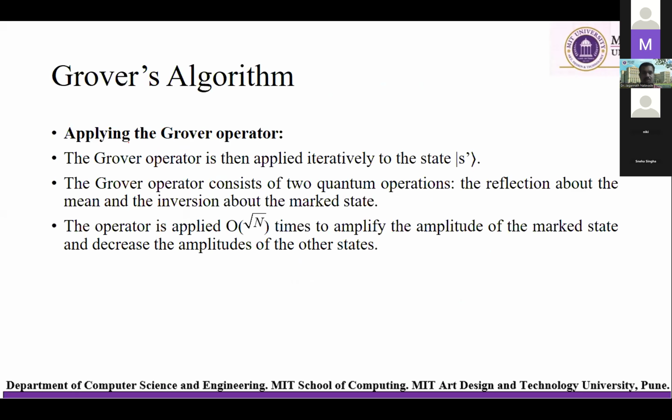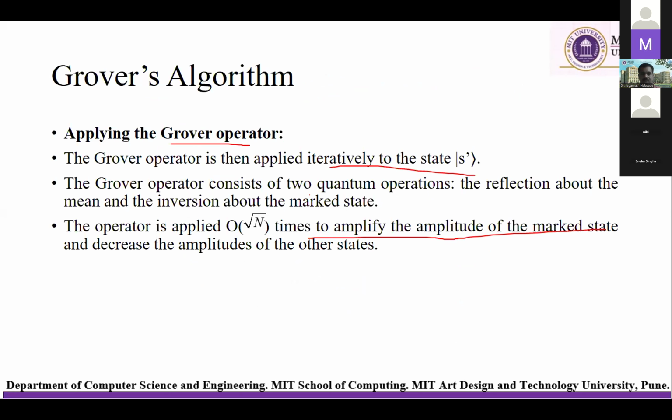Applying the Grover operator: the Grover operator is applied iteratively to the state |S'>. The Grover operator consists of two quantum operations: the reflection about the mean and inversion about the marked value or marked state. The operator is applied order square root of N times to amplify the amplitude of the marked state and decrease the amplitude of the other states.